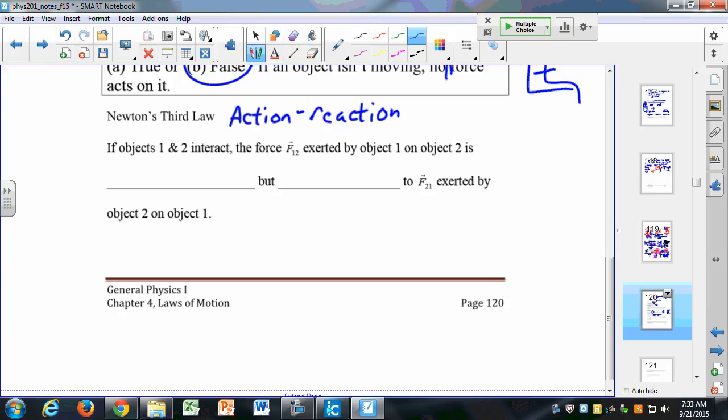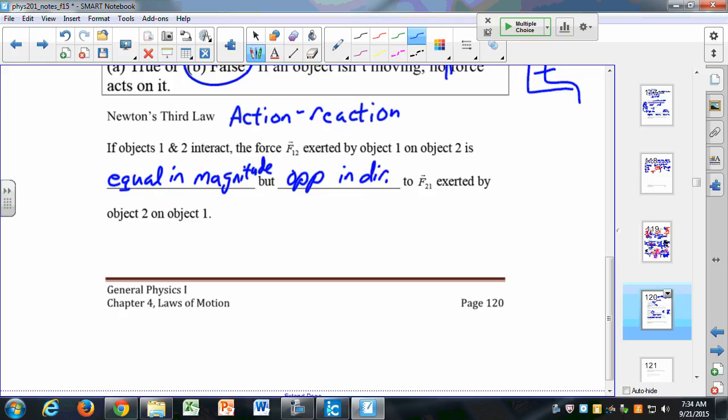Whereas if you have a force, then you have a reactive force, an equal and opposite force. So if objects 1 and 2 interact, then the force F12 exerted by object 1 on object 2 is equal in magnitude but opposite in direction. This comes up with contact forces.